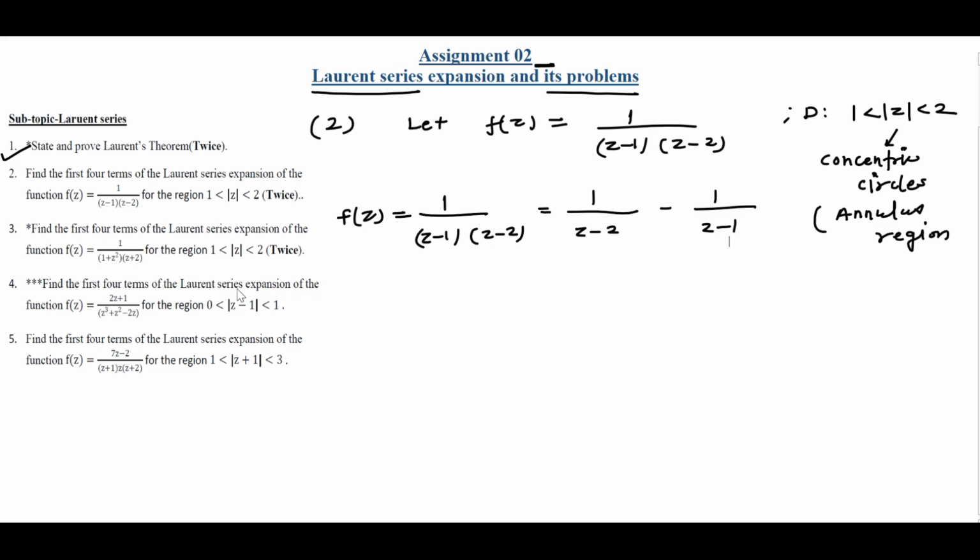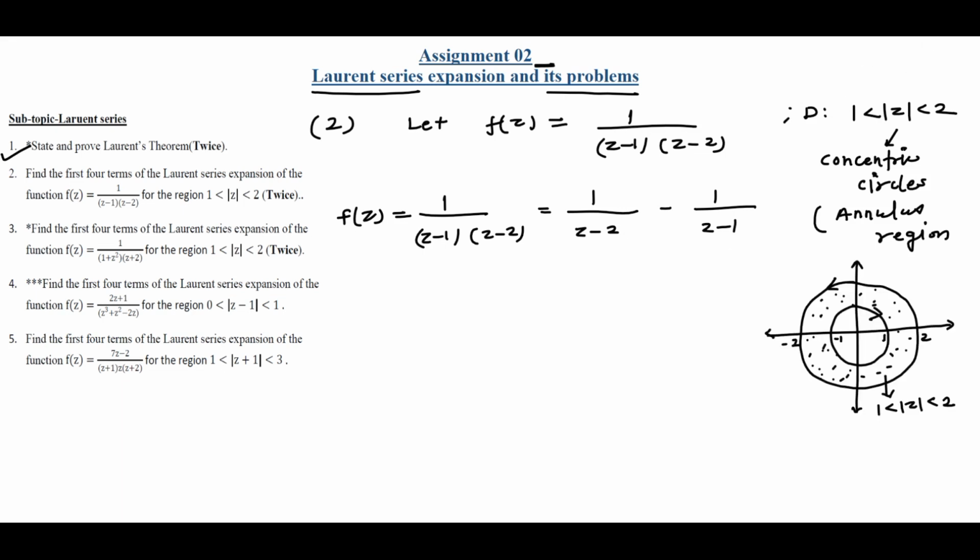Now let us draw the region D. Here the center is 0. This is the required domain of the given function.